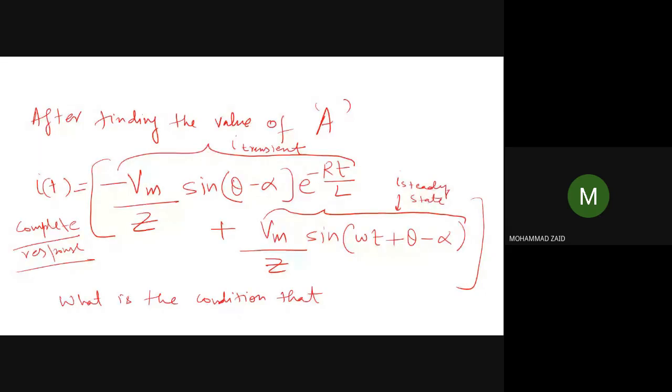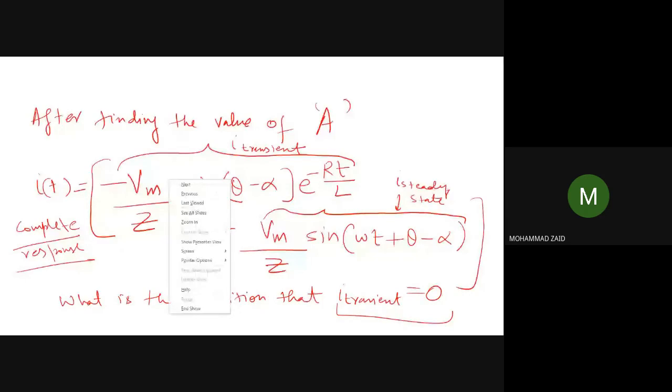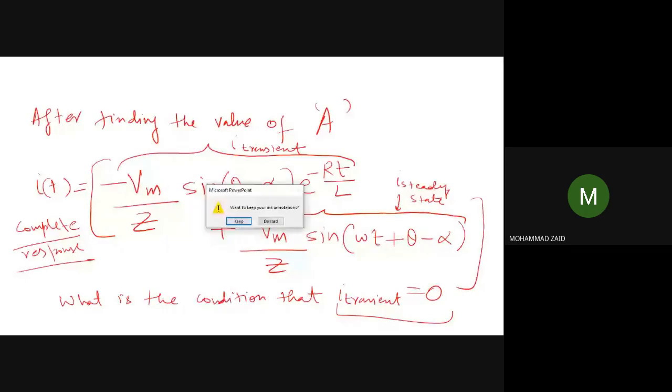The steady state is a pure sinusoid, as you can see. The transient will die out after some time because it is multiplied with a decreasing exponential, e to the power minus Rt by L. Now, what is the condition that i transient is equal to 0? Can you tell from this equation what the condition is?